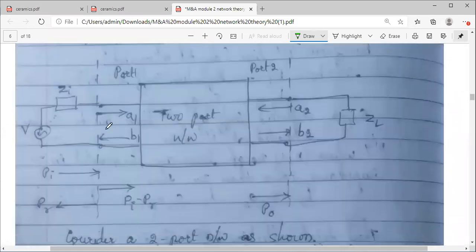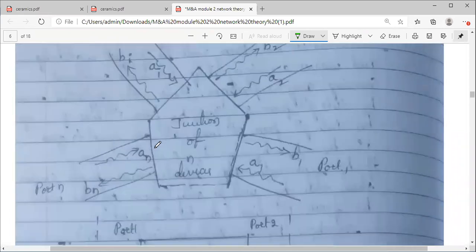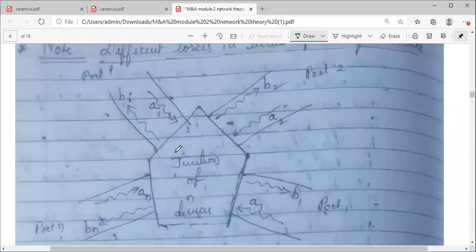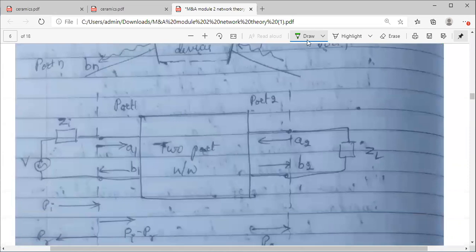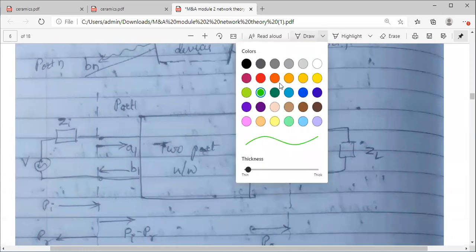You can see this is one 2-port network. We had taken this, I guess, for different losses. Yes. So with this same figure, let me show you what that equal power means. For a lossless network, the total input power is equal to the total output power.